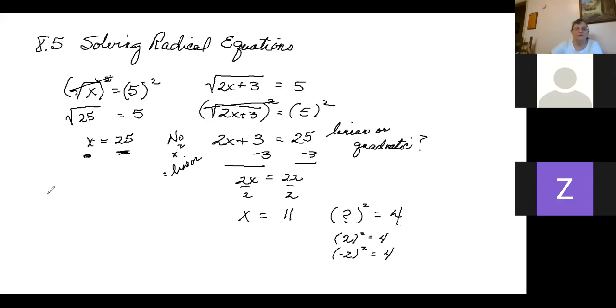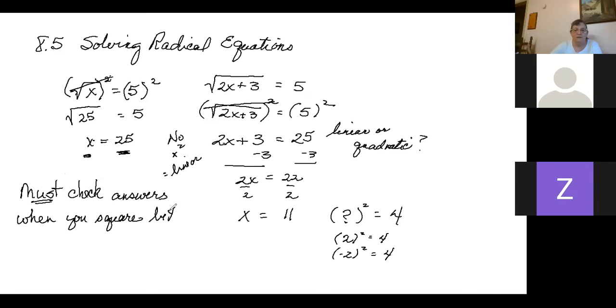So we have to check all the answers. You must check the answers when you square both sides of a problem. And of course, you can't just square one side.